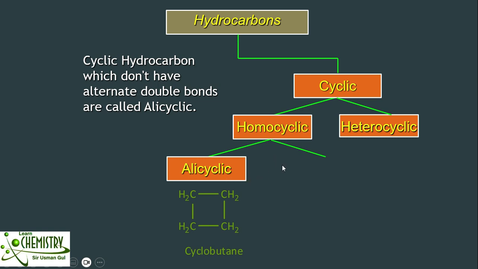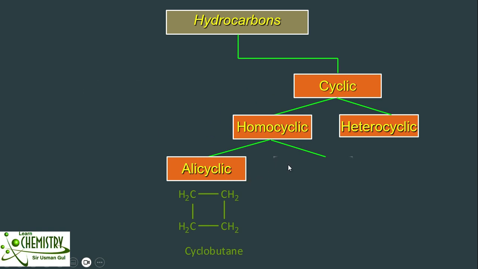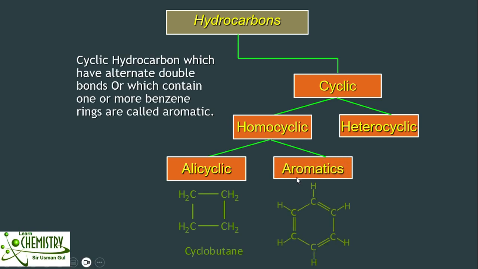Similarly, the second type is called aromatics. Now what is the definition of aromatic? The cyclic hydrocarbons which have alternate double bonds or which contain one or more benzene rings are called aromatic. Let me show you. This is a homocyclic hydrocarbon, and in it you can see this one is a double bond, and then after the double bond we have single, double, single, double.